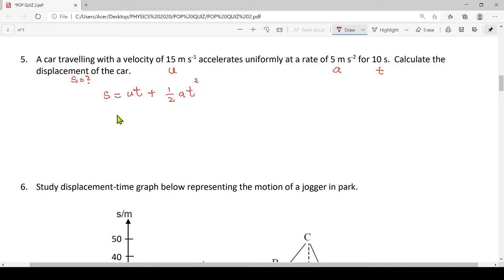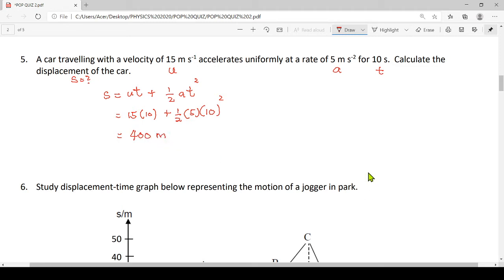So now just plug in the values. u is 15, t is 10, and then plus 1 over 2, a is 5 meters per second squared, and then t again, it is 10 squared. So the answer to that question is 400 meters.